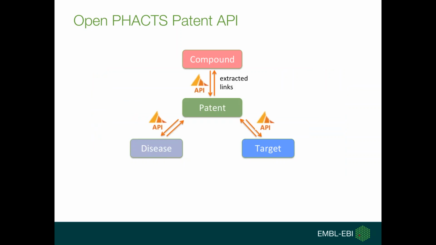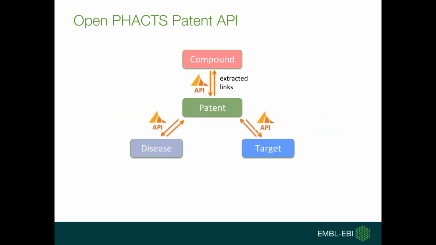And what you can do with this API is you can start from a patent document and you can fetch and extract all the information about the patent, about the compounds that are found in this patent, or the diseases, or the targets. And of course, this also works in reverse. So you can start with a compound and you can find all the patents where this compound is mentioned. And you can do the same for targets and diseases.